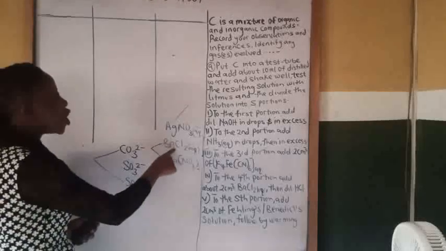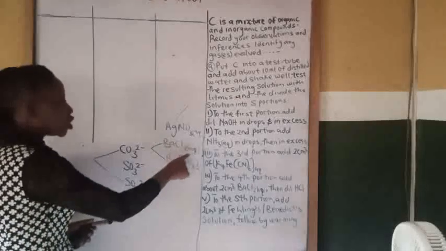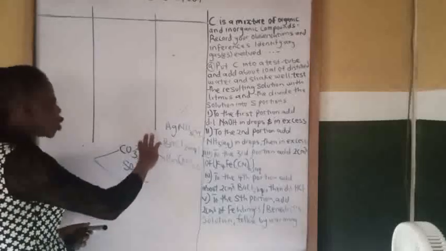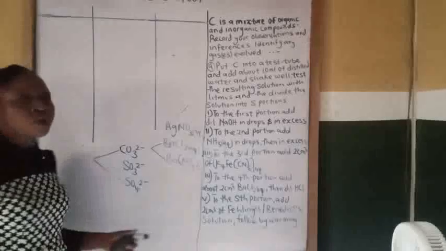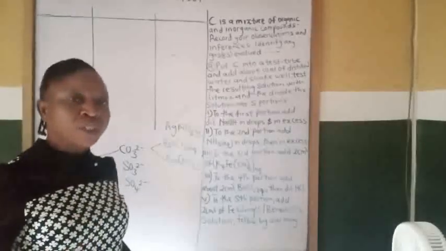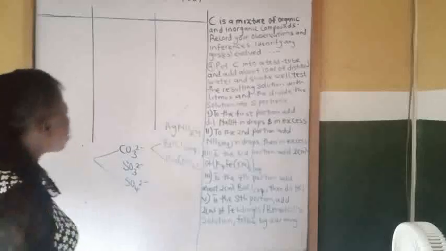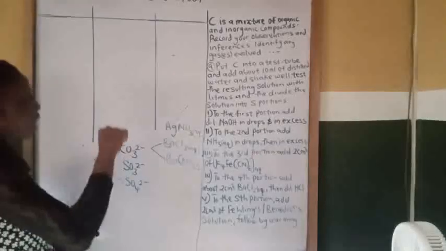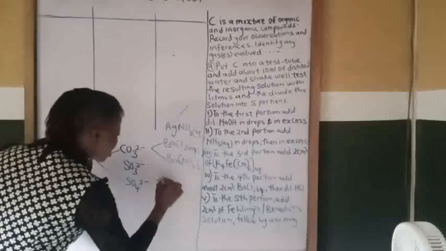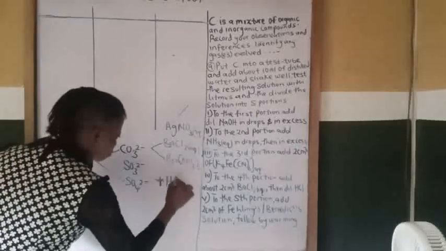When you add aqueous barium chloride to any compound containing these anions, a white precipitate will be formed. What will single out the particular anion that we are looking for is the addition of an acid.